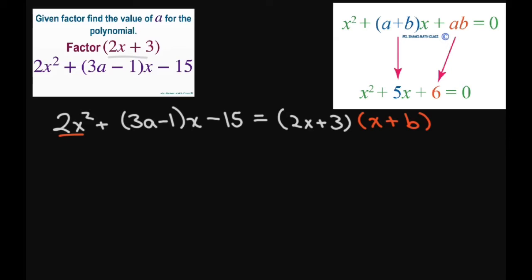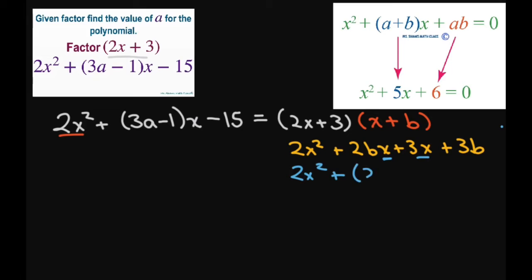Simplifying this right hand side, this is going to give you 2x squared plus 2bx plus 3x plus 3b. All right, and the only other thing I want to do is factor out this x. So that's going to give me 2x squared plus 2b plus 3 times x plus 3b.